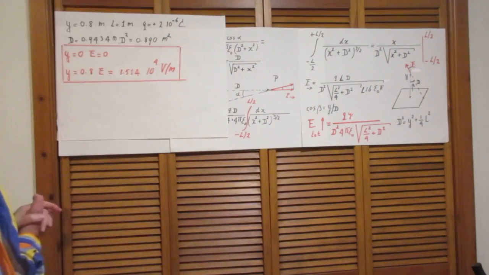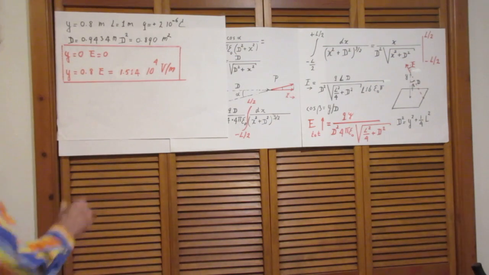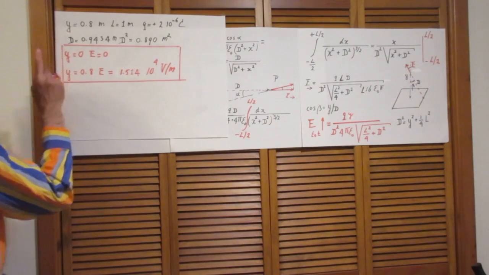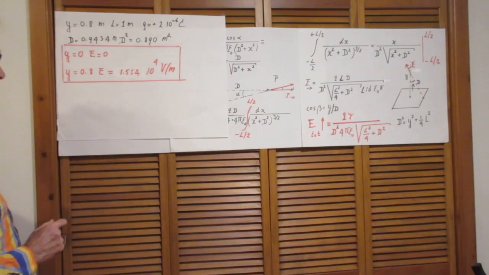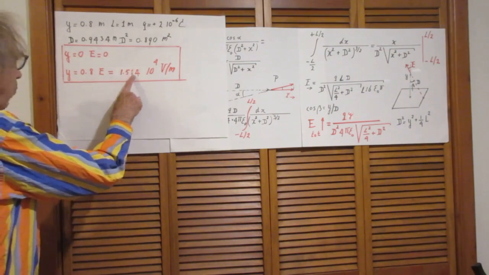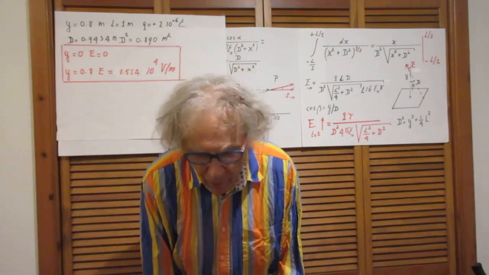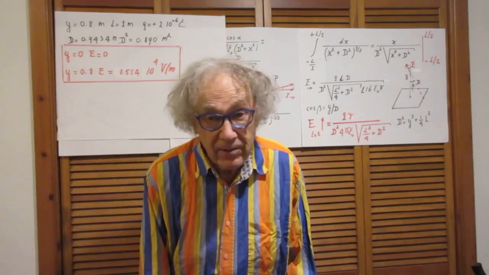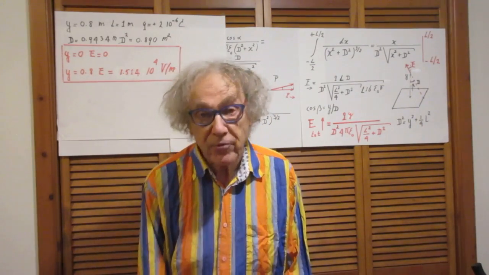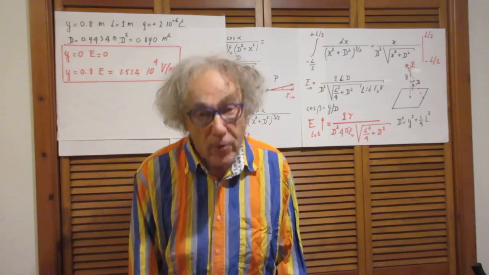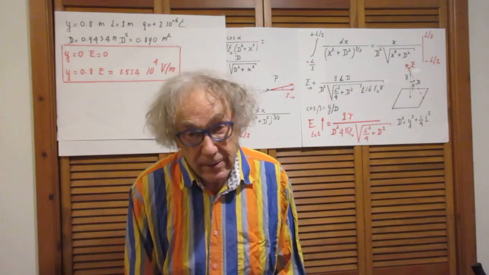And what do I find? I find obviously at y equals 0, E equals 0, that was obvious. I now find that at 0.8 meters at the center, vertically up, E is 1.514 times 10 to the 4th volts per meter. And this, as I predicted, is smaller than the 1.71 times 10 to the 4th in case of a ring. The ring had a radius of 0.5 meters.